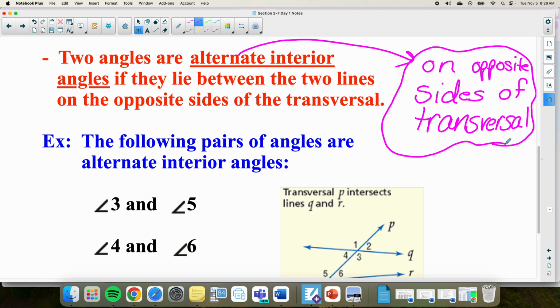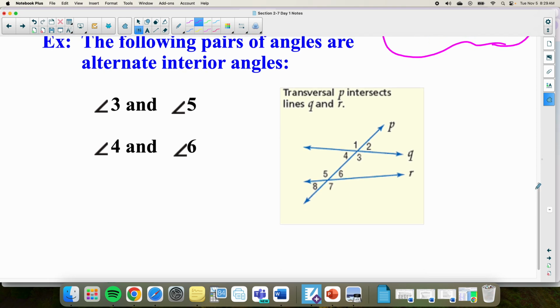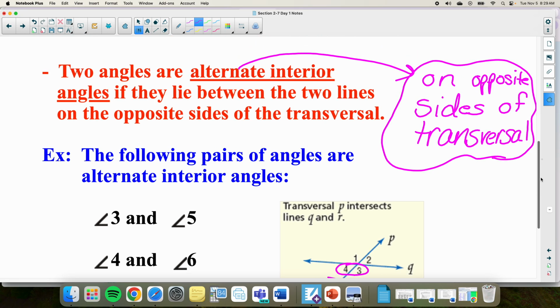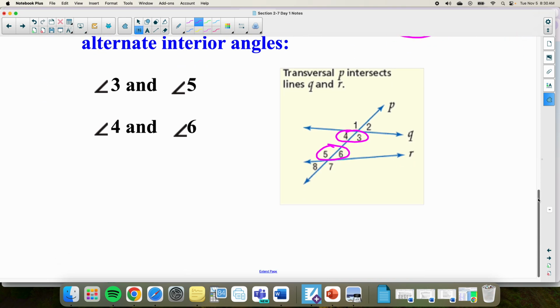Okay, now when you look at these, again, remember you're picking one from the top group of four, one from the bottom group of four, and we want the interior ones. So really what you're doing, you're picking one from up here and one from down there because we're choosing ones that are inside of those two lines. And what we just talked about is that when it's alternate interior, alternate we want on opposite sides of the transversal. This is my transversal.